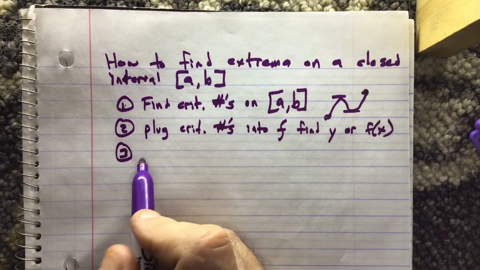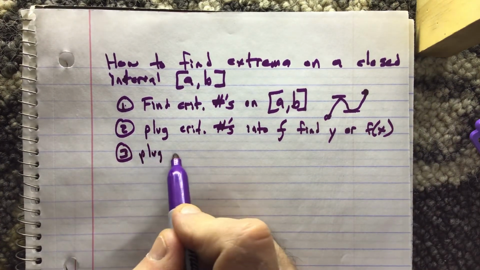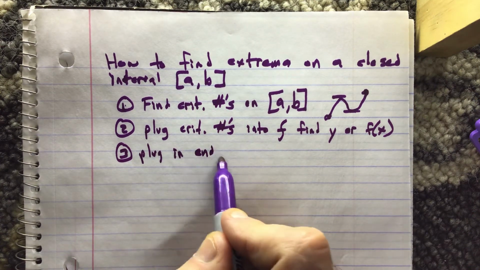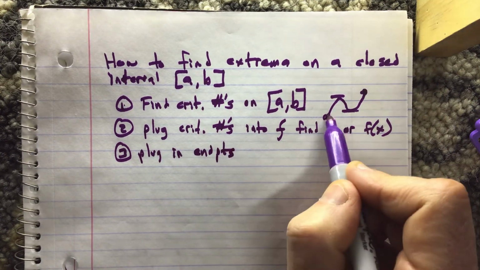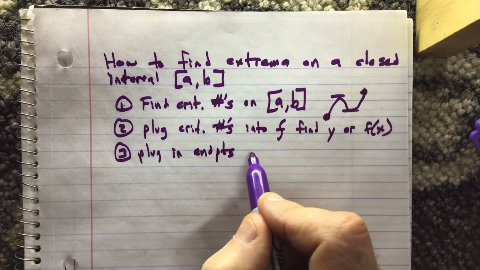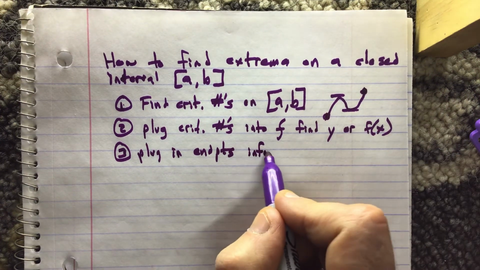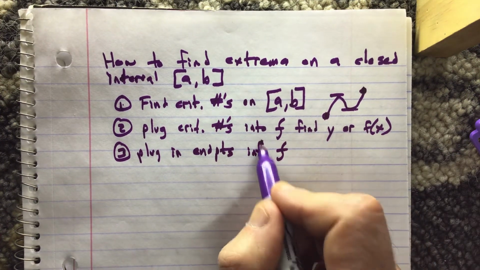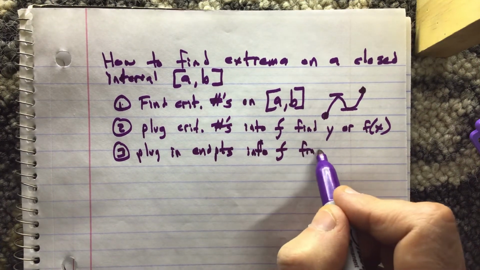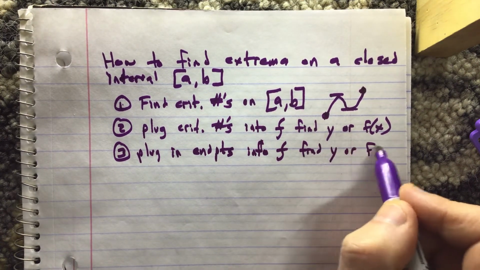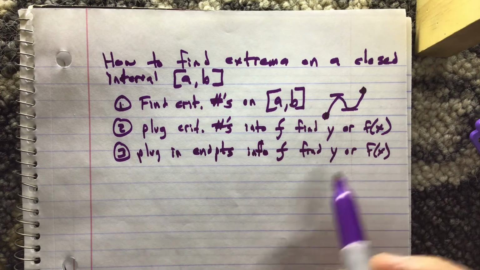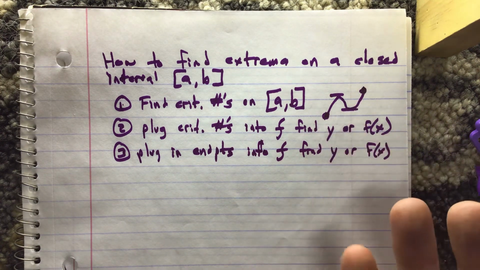Step 3, plug in the endpoints, so that's this point here and this point here, into f also, and find y or f of x. So now with this example, you'd have 4 points.